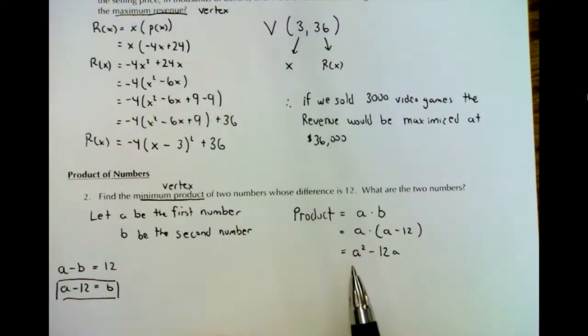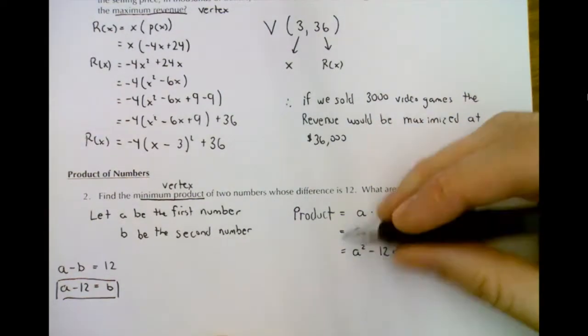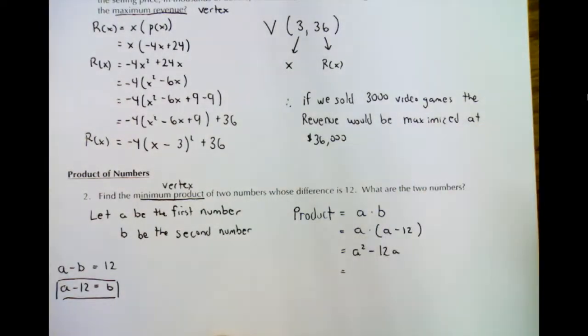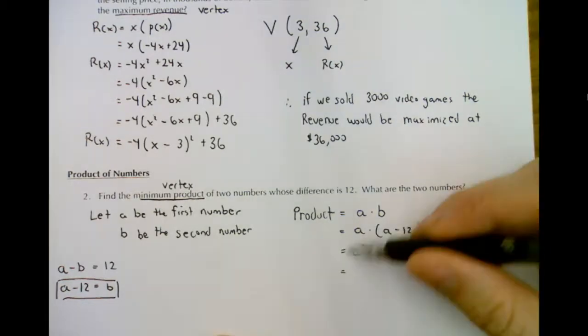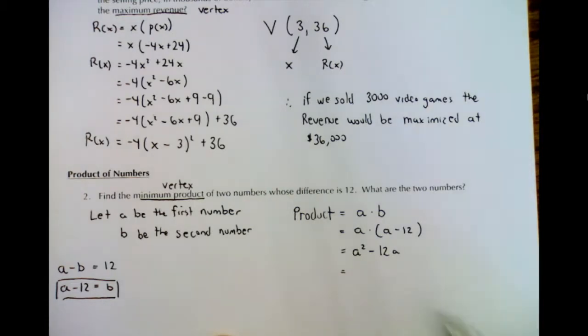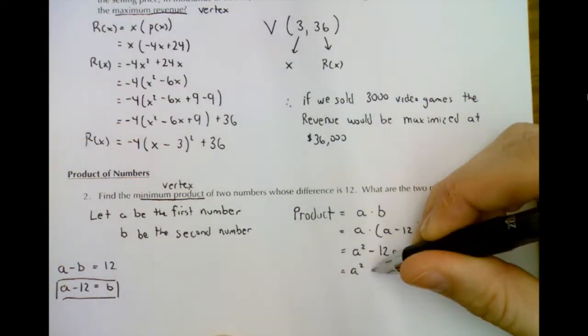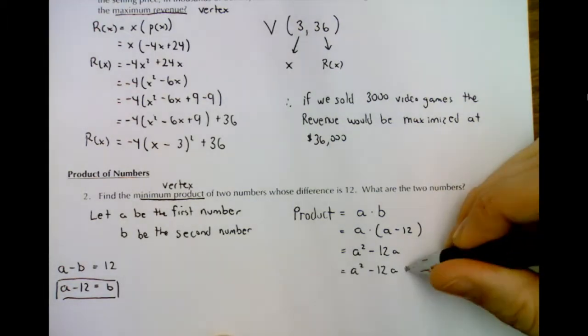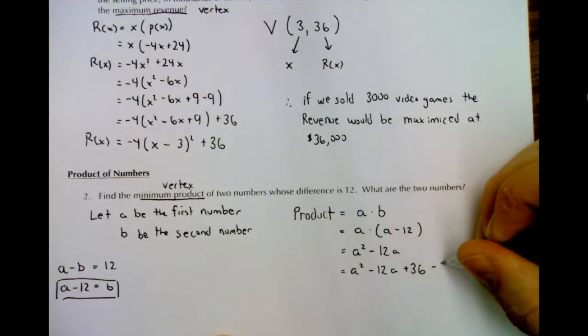Here we go. We have a quadratic in standard form. To start making it vertex form, group the first two terms, common factor what's in front. Hey, there's nothing there. So we can actually skip that first step of grouping the first two and common factoring whatever's in front, or partial factoring. What we do need to do next is take that negative 12, divide it by 2 and square it. So we've got A squared minus 12A, divided by 2 is negative 6, square negative 6, we get 36, and subtract 36.